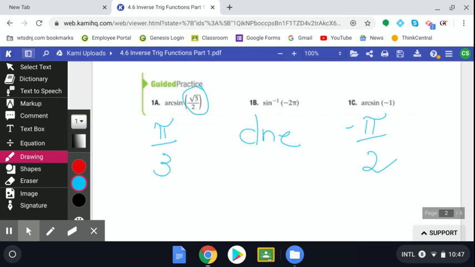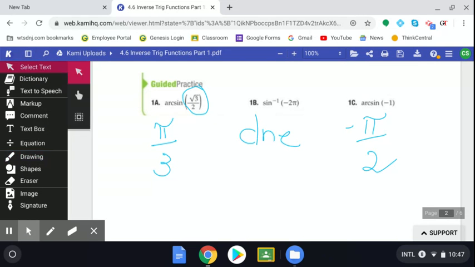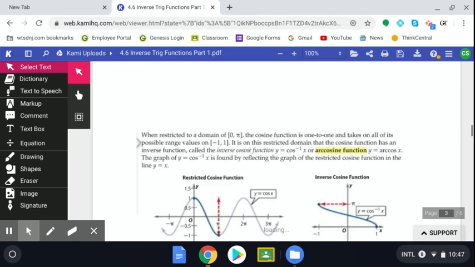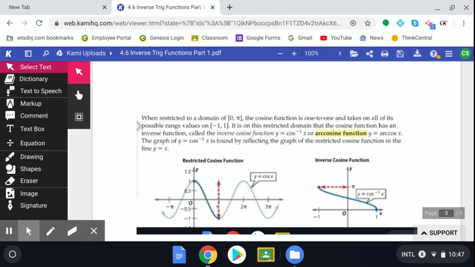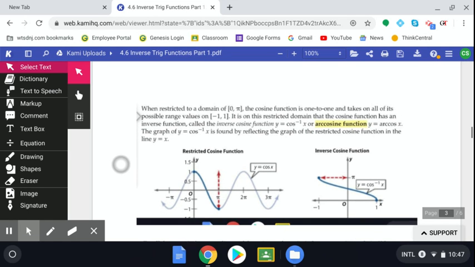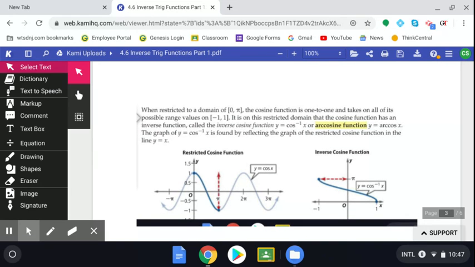Okay? Now we can take a look at cosine. So for cosine, same principle. But the only thing now is that the range is going to be the same, but the domain restriction is going to have to be between 0 and pi, so it's first and second quadrants.